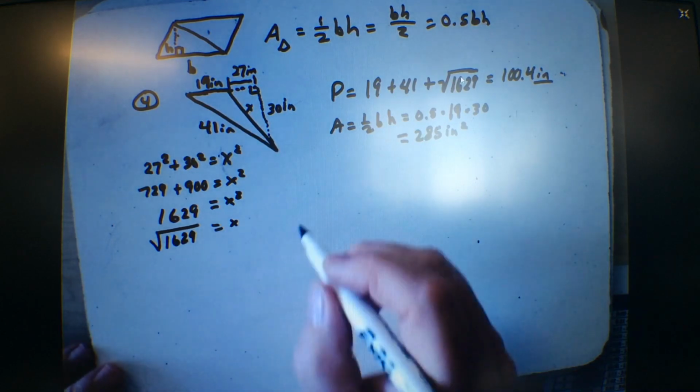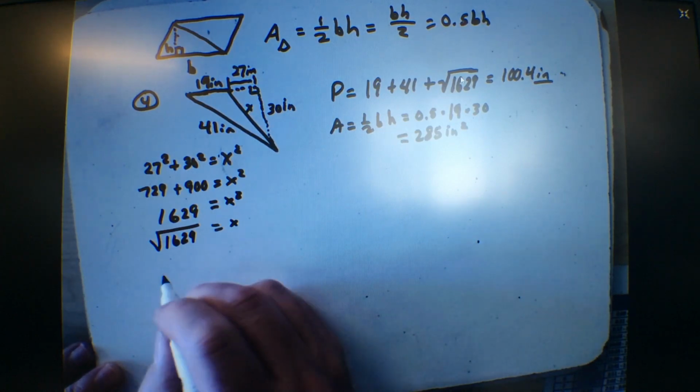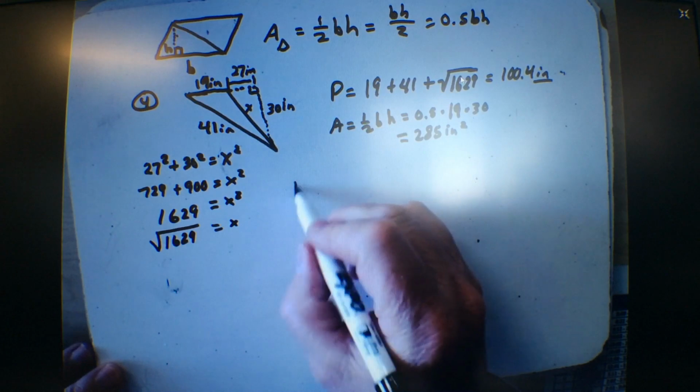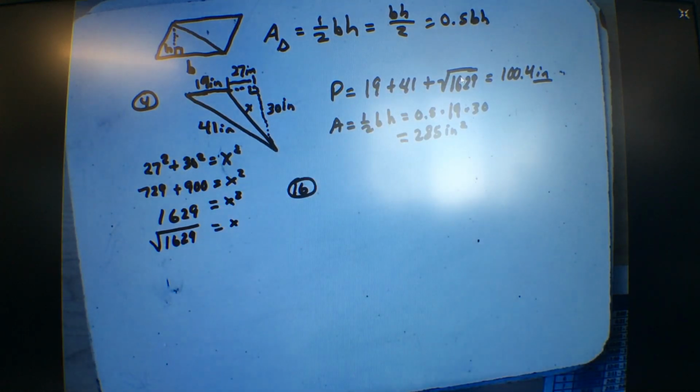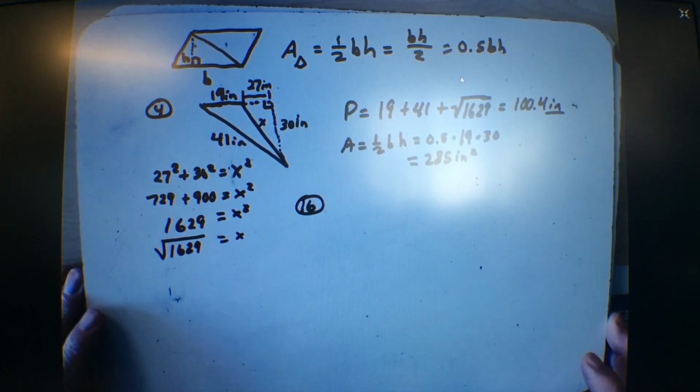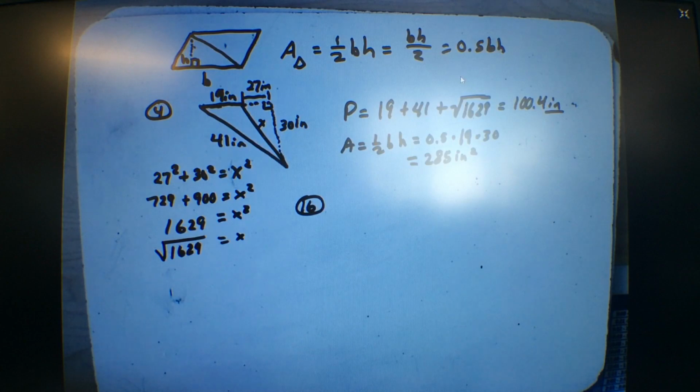All right. So let's take a look at number 16 on your assignment. Let's do it over here. I'm on page 729. We're going to do 10 through 22. And you have what they call a tangram. A tangram is made up of geometric shapes, and what you try to do is put them together to form a square or a rectangle.